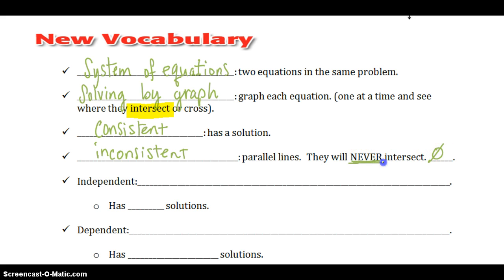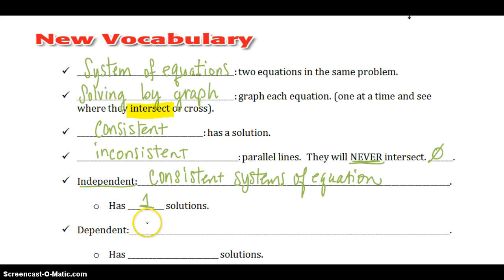They never intersect. All right, independent systems of equations are consistent systems of equations. A consistent system, in other words, one that has a solution, is independent. Has one solution.